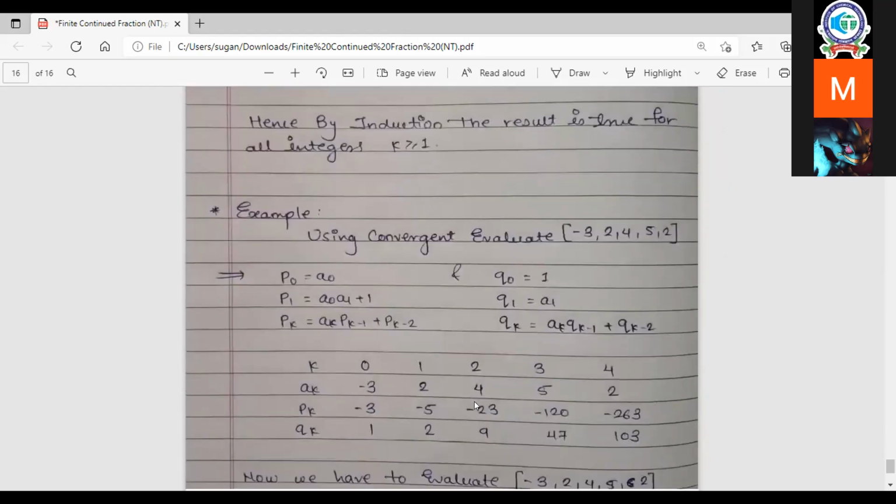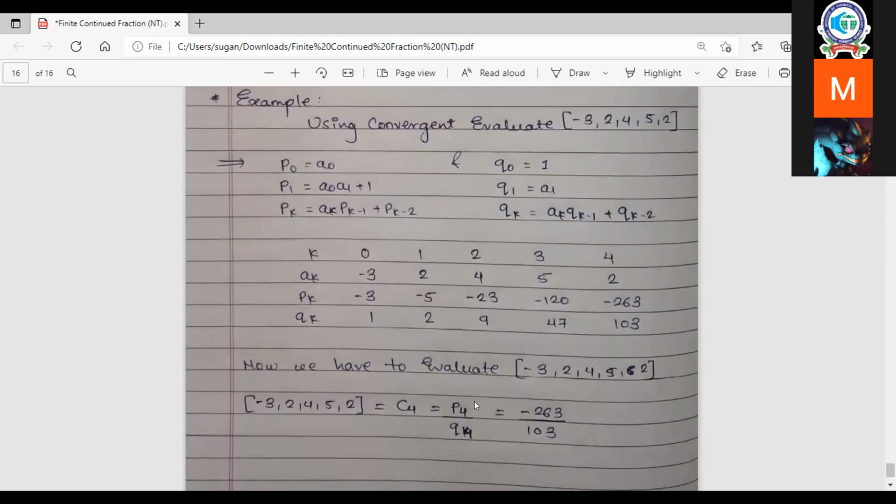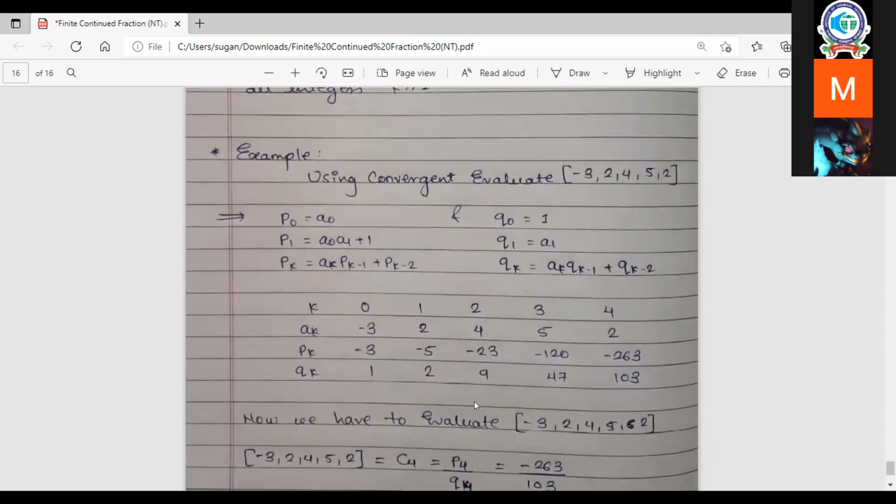Sir, I have taken this example. Using the convergents, we have to evaluate this continued fraction. We know P0, P1, Pk and Q0, Q1, Qk. So we make a table with k equal to 0, 1, 2, 3, 4 and ak, Pk and Qk. We substitute and calculate these values.